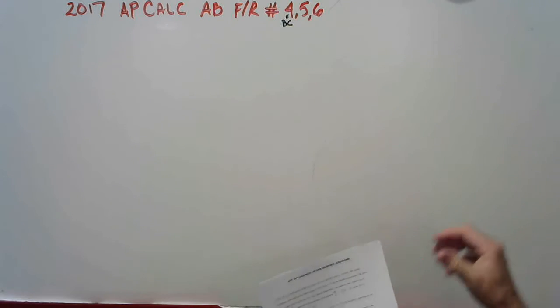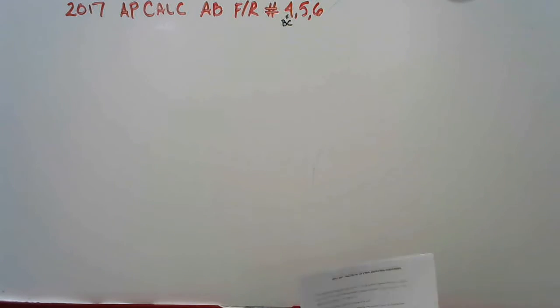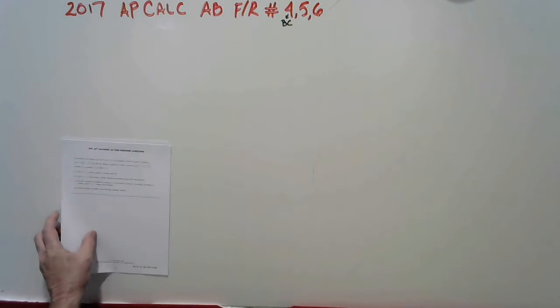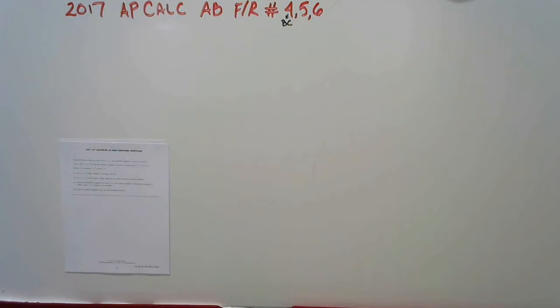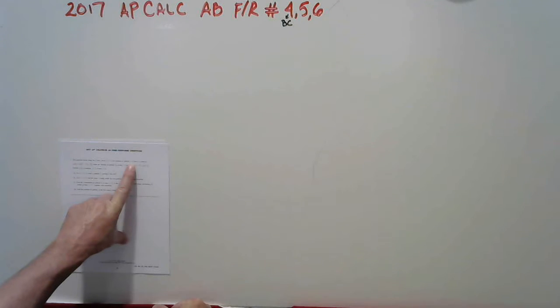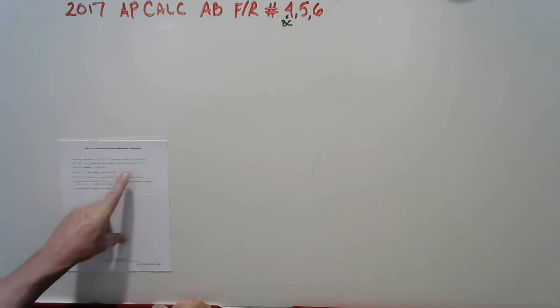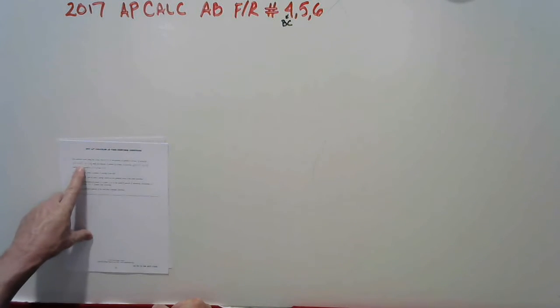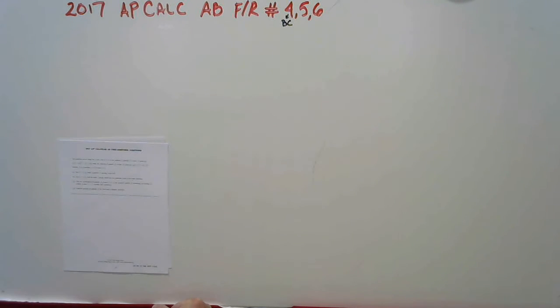All right, so let's see, what does problem number 5 say? Problem number 5 says 2 particles move along the x-axis. For time between 0 and 8, the position of particle P at time t is given by, and they give us a position function, the natural log of t squared minus 2t plus 10.